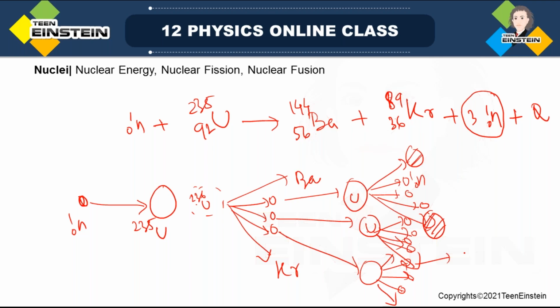So this chain reaction will release a huge amount of energy.